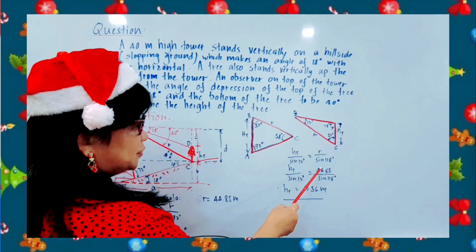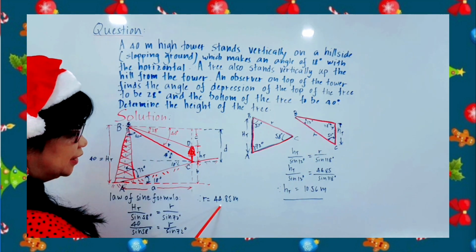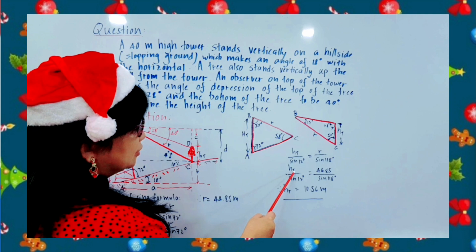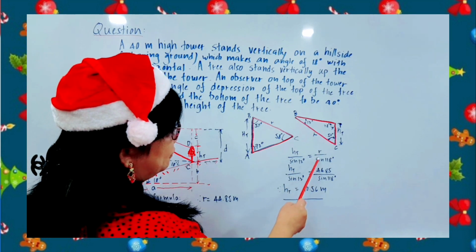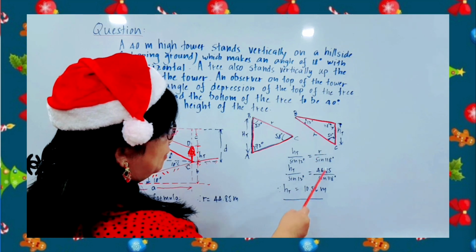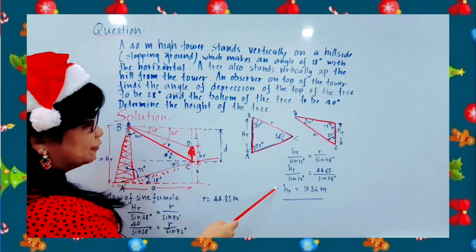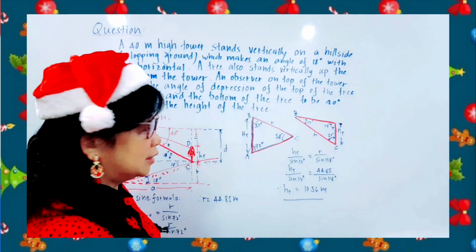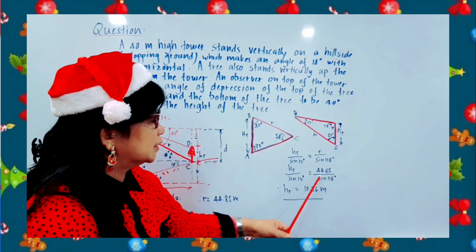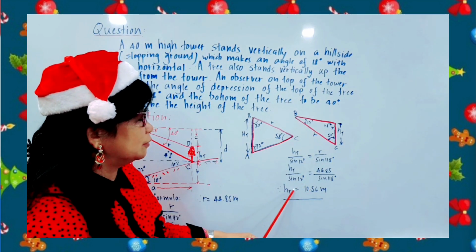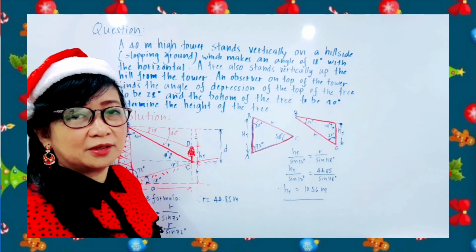Therefore, substituting the value of R, which we solved earlier, which is 44.85, height of the tree over sine 12 degrees is equal to 44.85, the value of R over sine 118 degrees. Therefore, the height of the tree is equal to, by cross multiplication, 10.56. That is the height of the tree we are looking for.